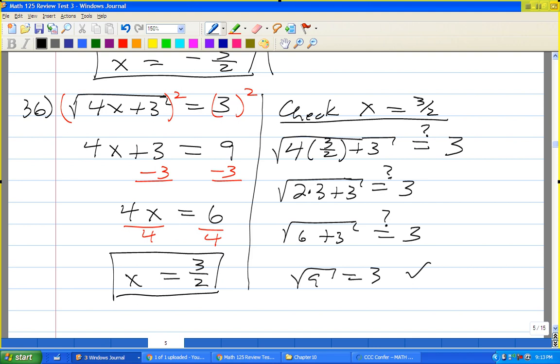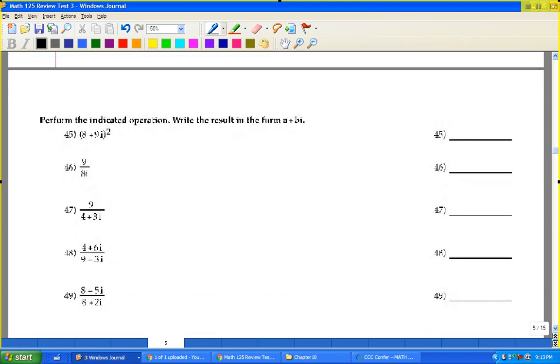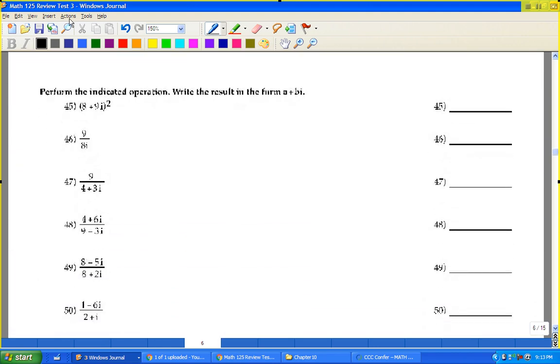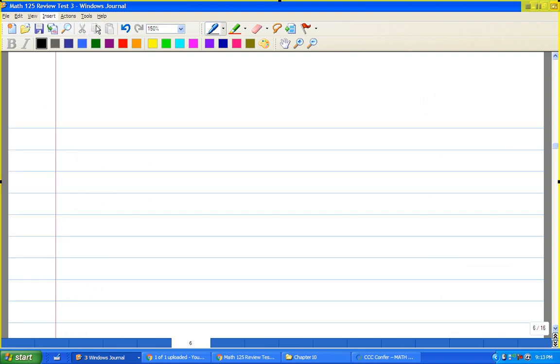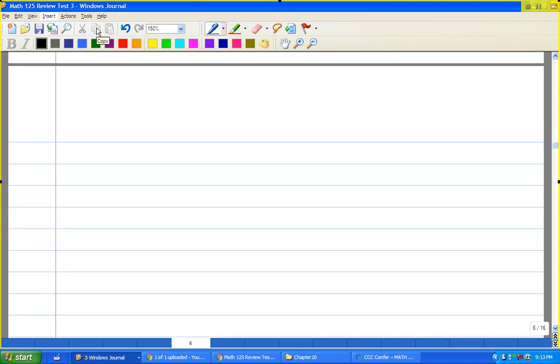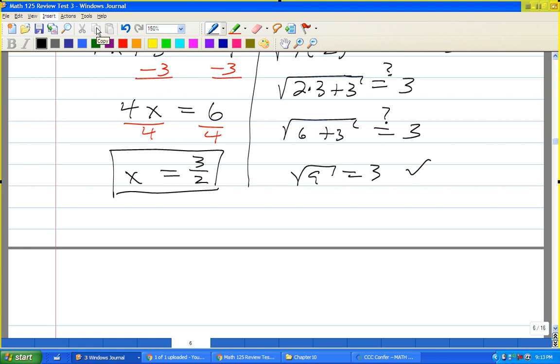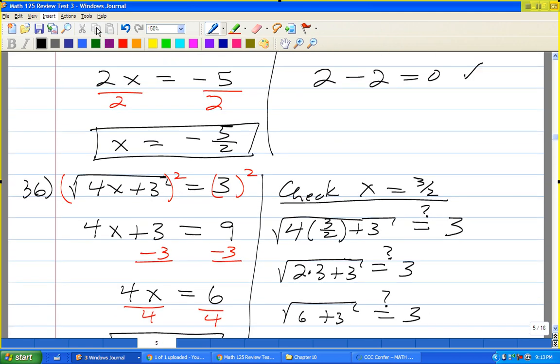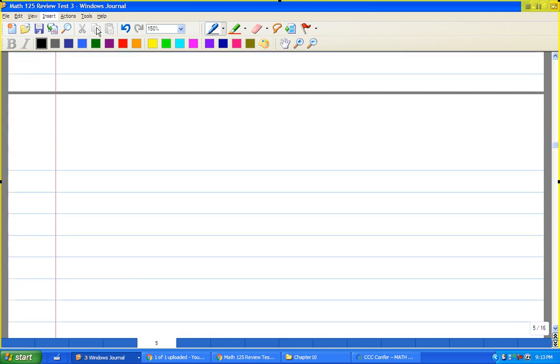Let me do problem number 37. So let's insert an additional page. That was 36, so let's do 37.